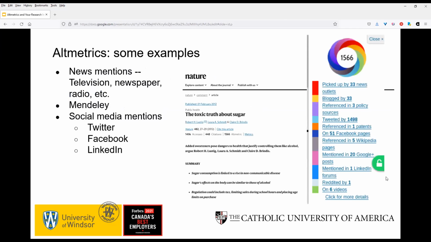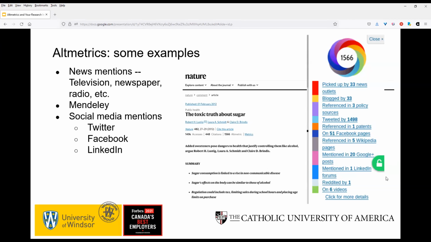Next page. So here's a good example. It's an article from Nature, and it's very highly cited. This is the toxic truth about sugar, and this got 33 news mentions. It was blogged by another 33 people. They referenced this in policy sources.